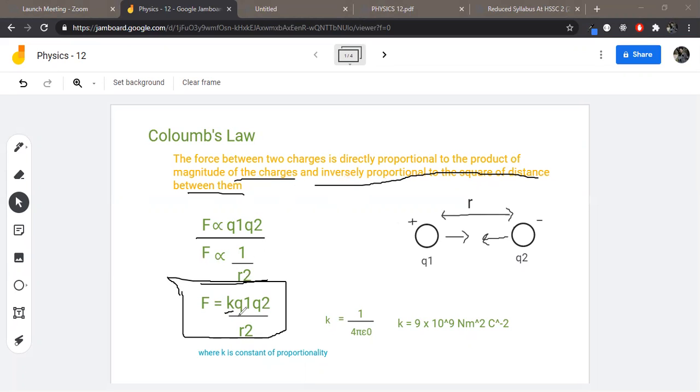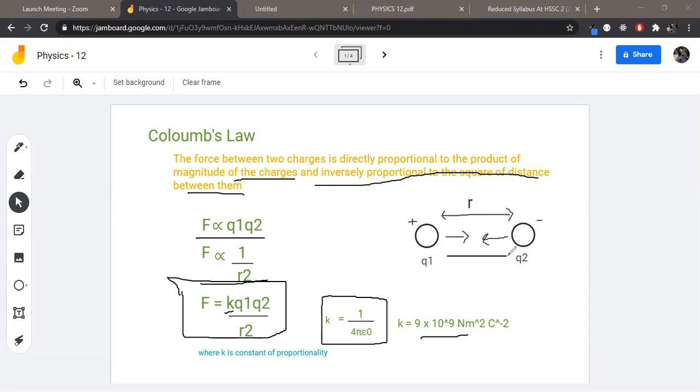This is called the constant of proportionality, and in this case the value of the constant is 9 times 10 to the power 9. And the equation of the constant is this, where k is equal to 1 by 4 pi e naught, where e naught is the permittivity of the medium between these charges.